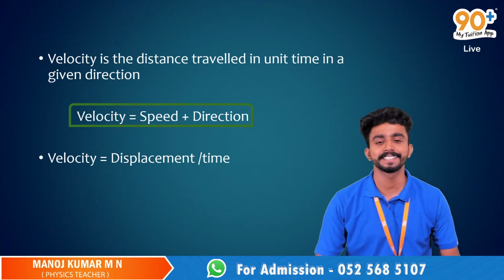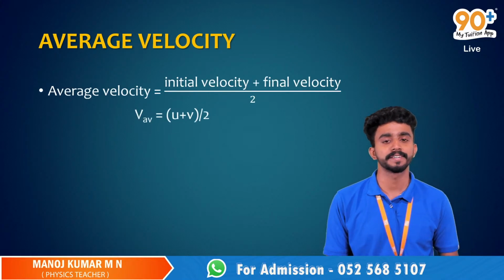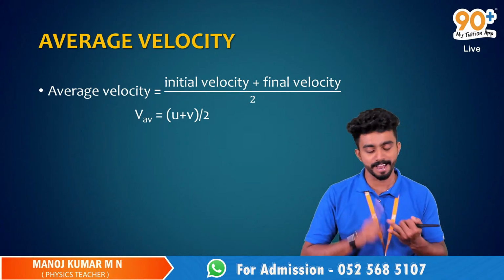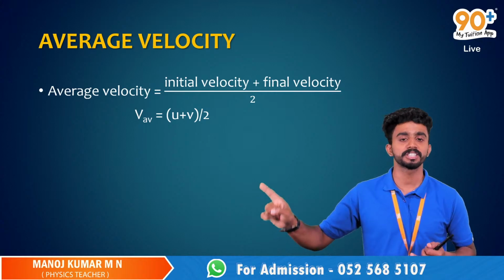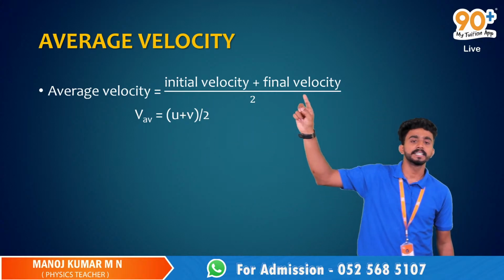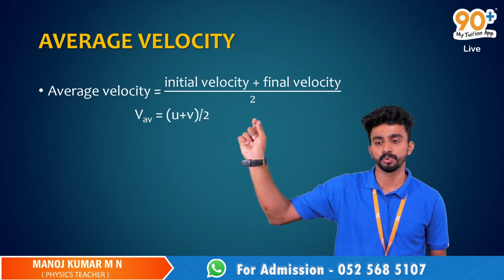So let's go ahead, guys. I hope everyone has done writing. We have been learning about velocity, so let's go ahead with average velocity. We have learned speed and average speed, now velocity, so let's learn about average velocity. Average velocity will be the initial velocity plus the final velocity divided by 2.